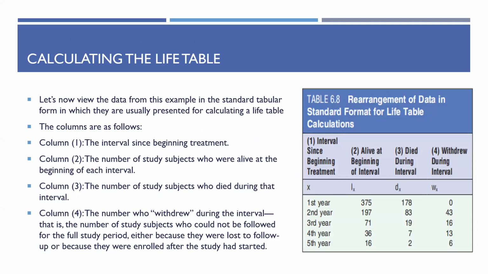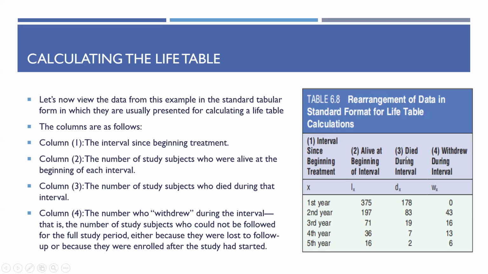Next is calculating the life table. Let's now view the data from this example in a standard tabular form in which they are usually presented for calculating a life table. The columns are as follows. The first column is the interval since the beginning of the treatment. The second column is the number of subjects who were alive at the beginning of each interval.